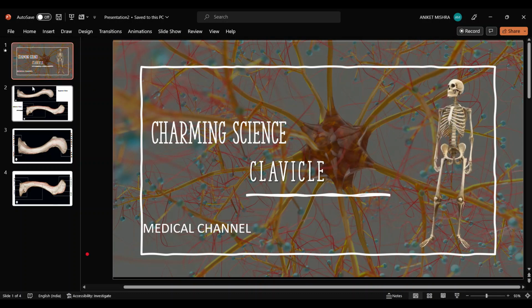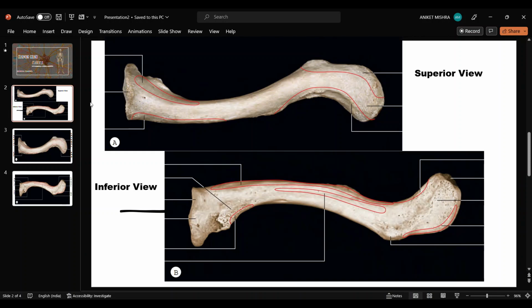So come and see the clavicle bone. Generally we see the clavicle in two views, the superior view and the inferior view. While seeing it, first of all we have to know how we determine the sides of the clavicle.